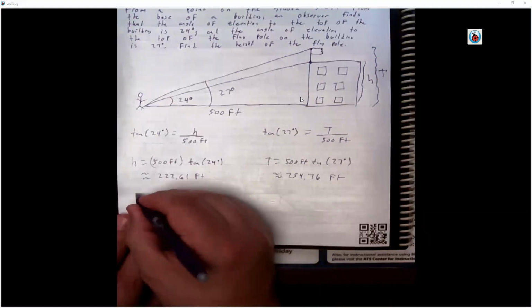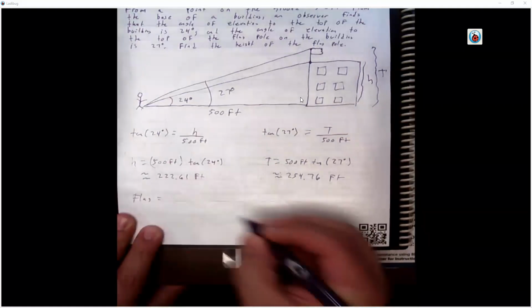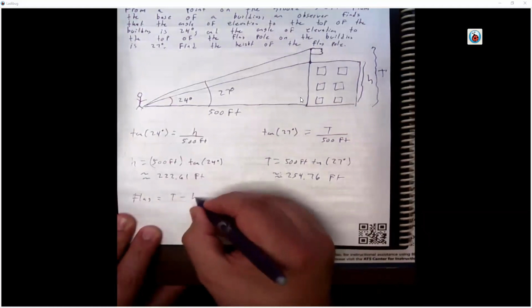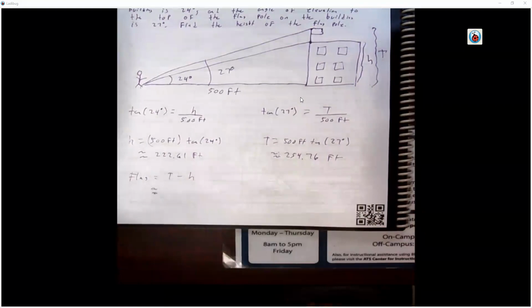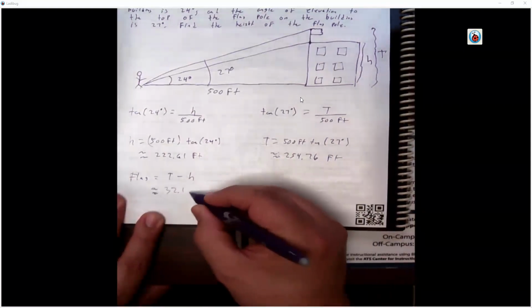So the flag is going to be the T minus the H, right? Yeah, sounds right. 14, round to 5.